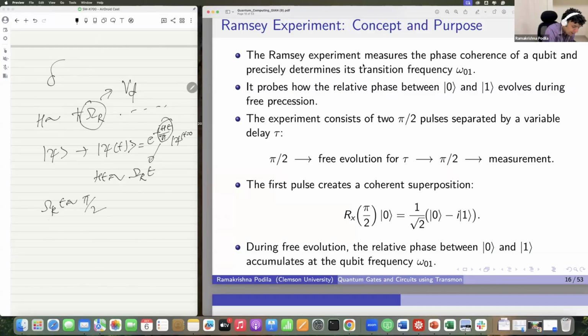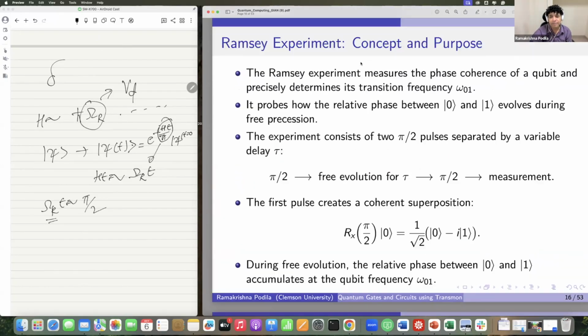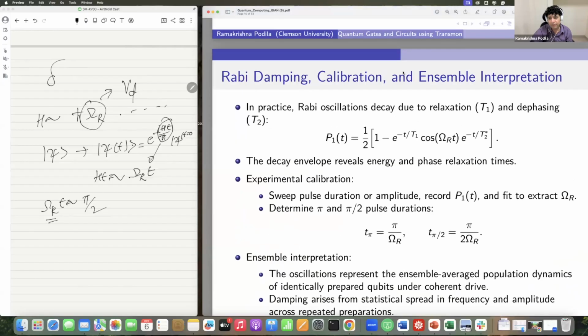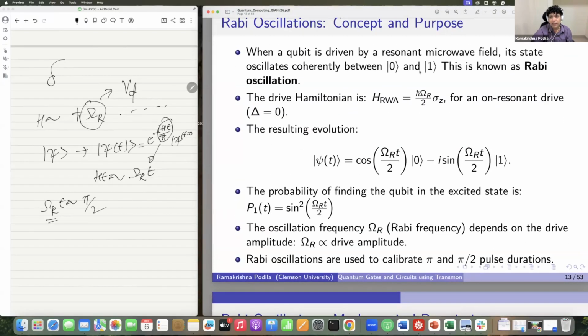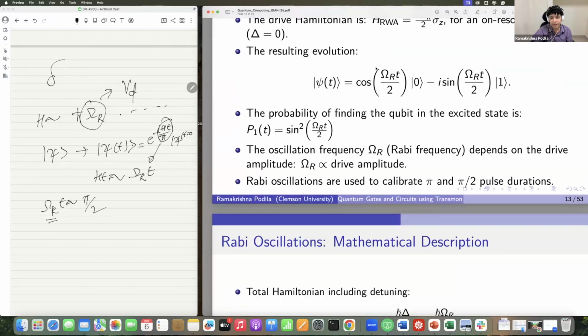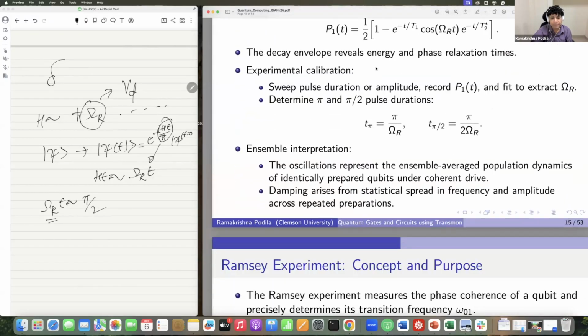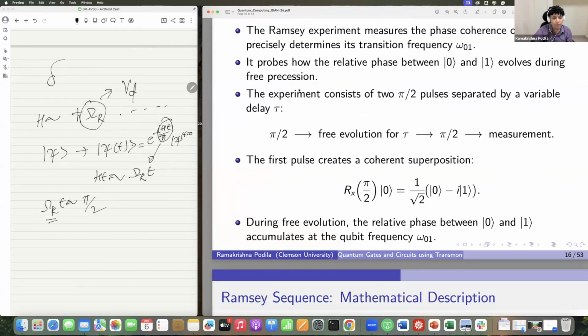So when we know the Rabi frequency, which we can determine from experiments like Rabi damping, then we know the time scale for which I need to apply the pulse to get pi/2.